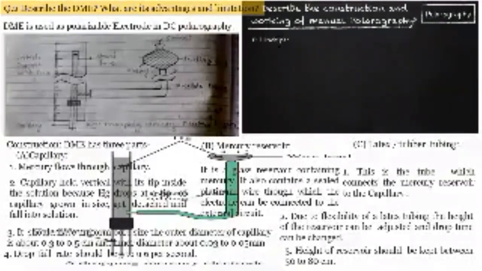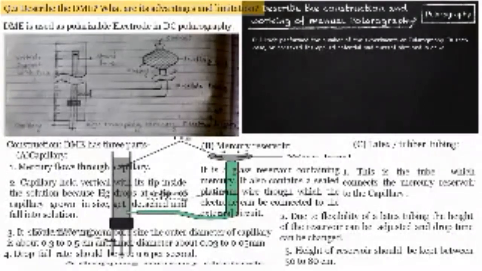D. Ilkovic performed a number of experiments on polarography. In each case, he observed the applied potential and the current obtained in the galvanometer, plotted a graph of current versus applied potential, and from the graph he calculated the diffusion current, ID.